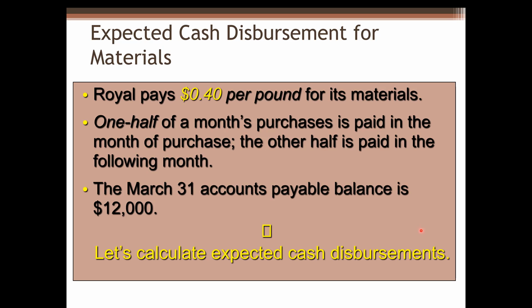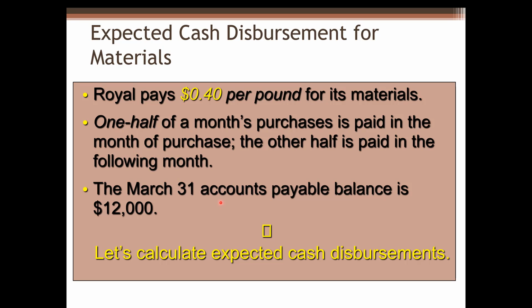Let's take a look at expected cash disbursements for materials. Royer pays 40 cents per pound for its materials. Half of the month's purchases is paid in the month of purchase. The other half is paid in the following month.